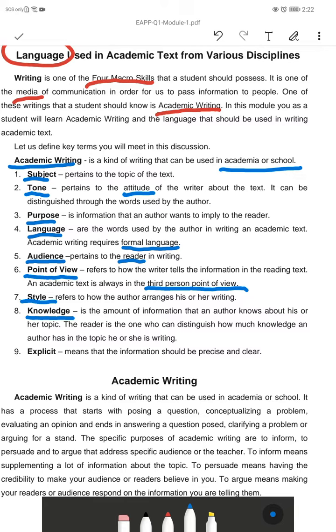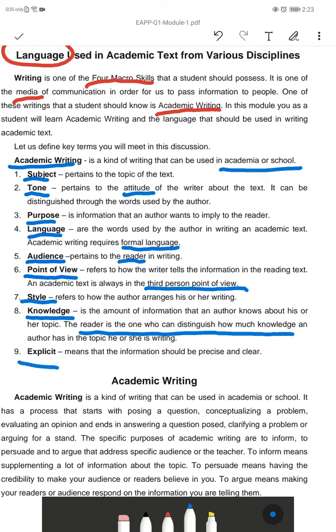It says here that the reader is the one who can distinguish how much knowledge an author has in the topic he or she is writing. Of course, as a reader, when you read a text, you can identify how much the writer knows about the topic. So, as basic as that.